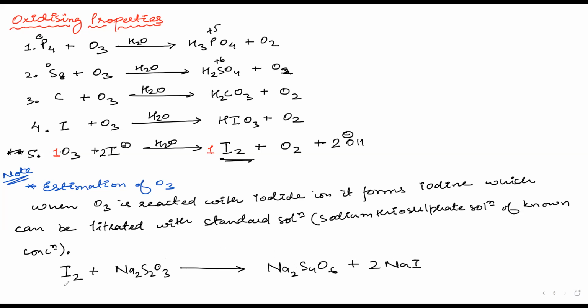Okay, so the amount of sodium thiosulfate needed will be equal to the amount of iodine formed, and the amount of iodine formed will be equal to the amount of ozone present in a sample. So this is known as indirect titration or indirect estimation.